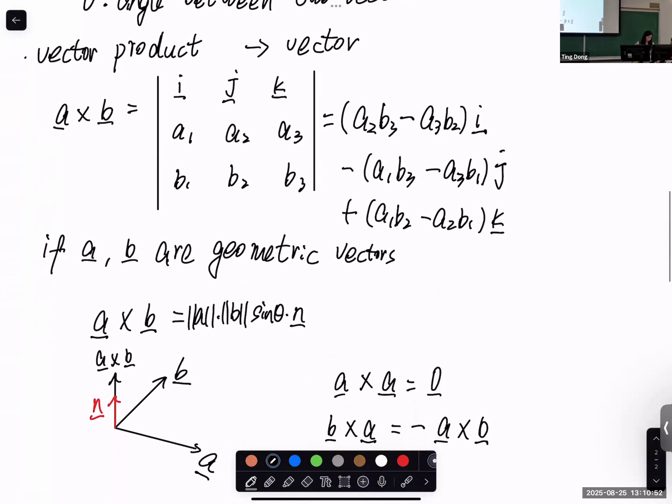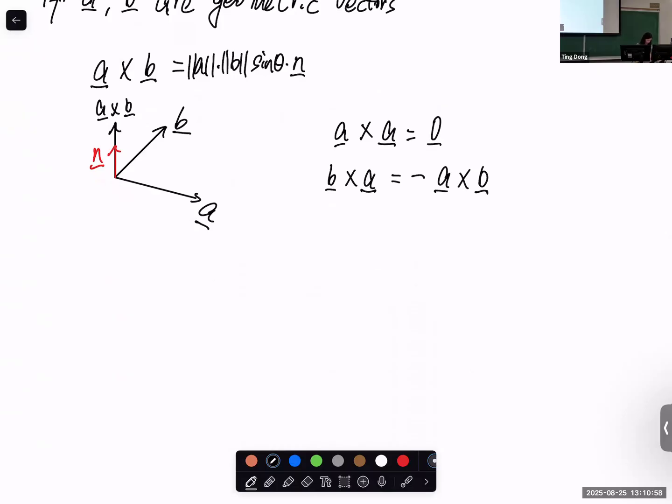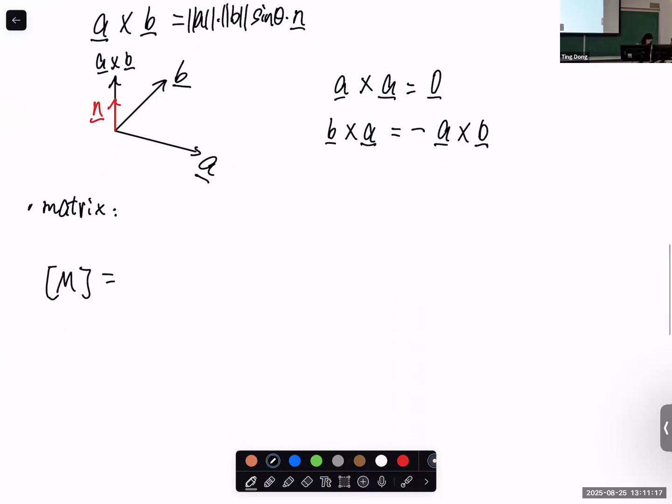The next one is matrix. And of course, a vector is a collection of scalars, a matrix is a collection of vectors. So let's define a matrix that has n by k dimension.